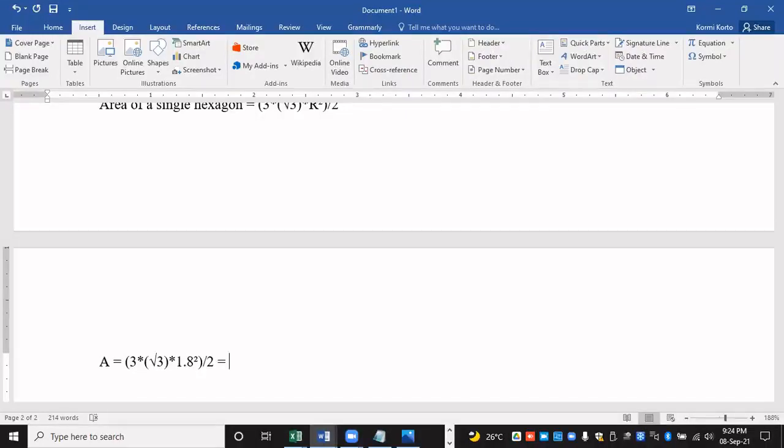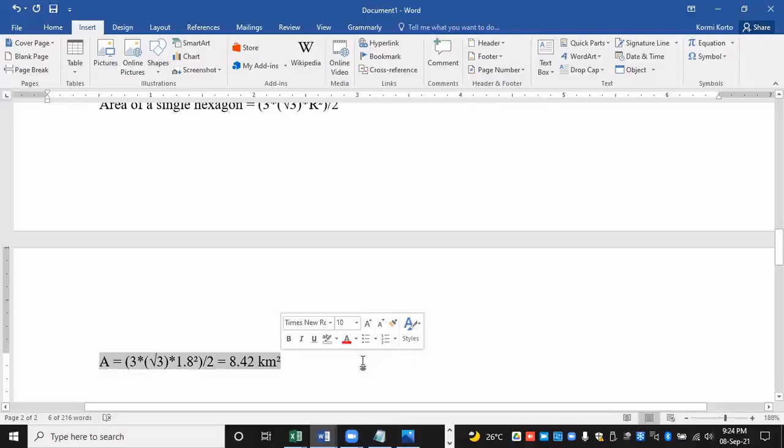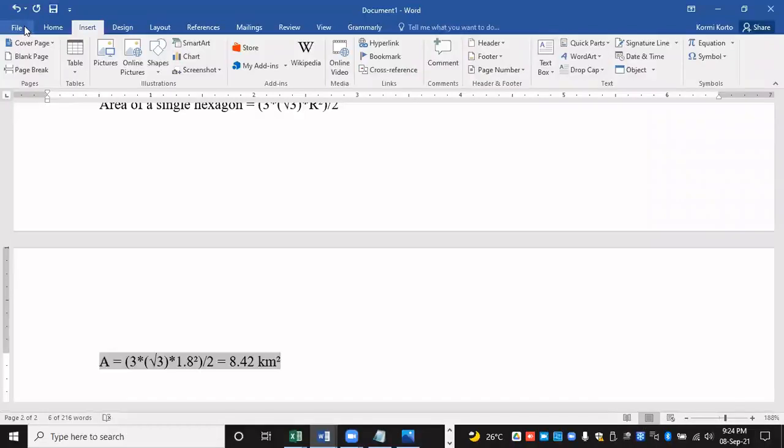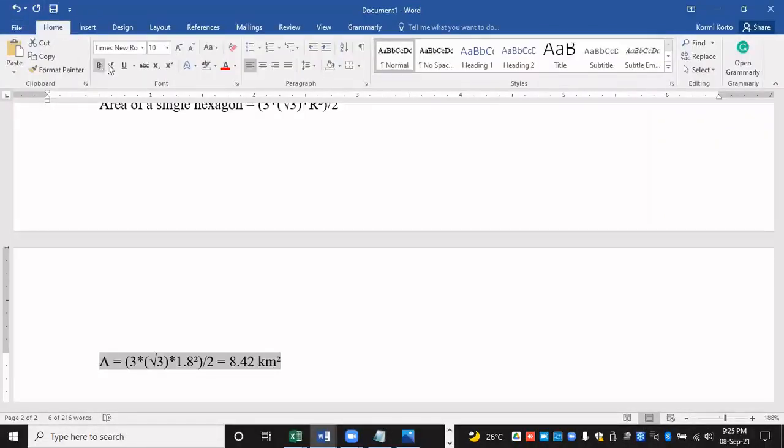So the answer is 8.417, or 8.42. The unit is going to be kilometer squared, right? Yes, sir. It's an area, so it has to be squared. So this will be your area of a single hexagon cell for this question.